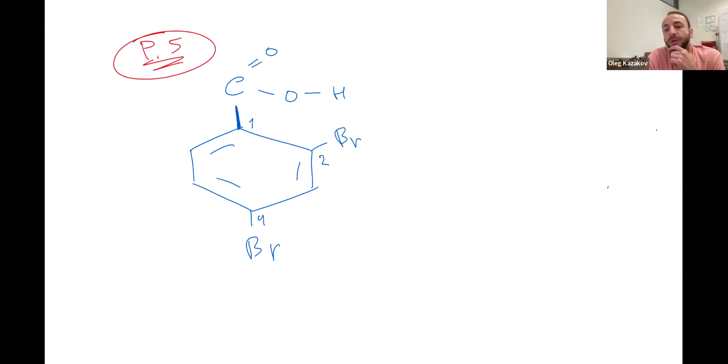If we go counterclockwise, let's just do it verbally: 1, 2, 3, 4, 5, 6. Counterclockwise, we'll get 4 and 6, right? Apparently they will be higher numbers than the set 2 and 4. So consequently, clockwise numbering will win in this naming process. So we'll have the benzoic acid, because we can see the benzoic acid backbone here, essentially. So let's put it down, benzoic acid.